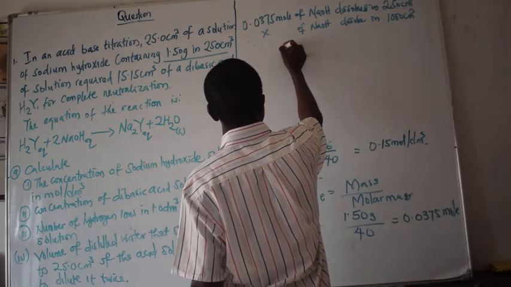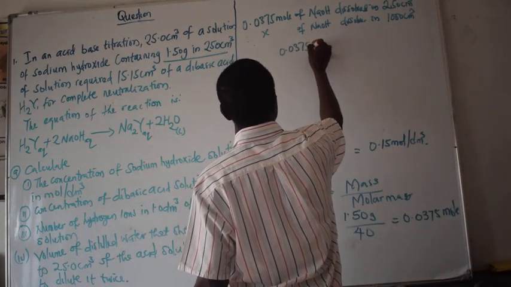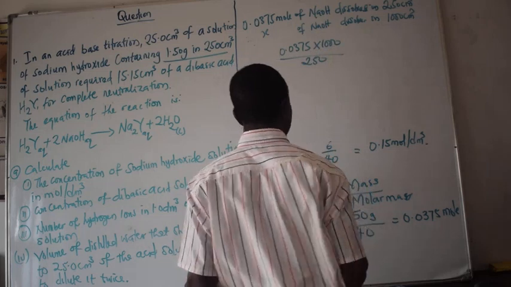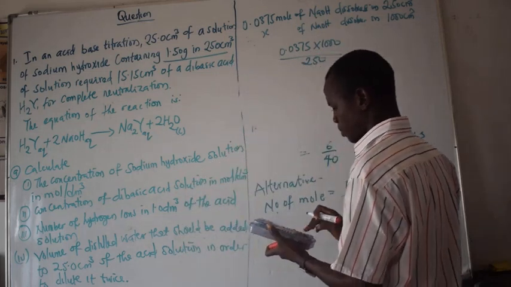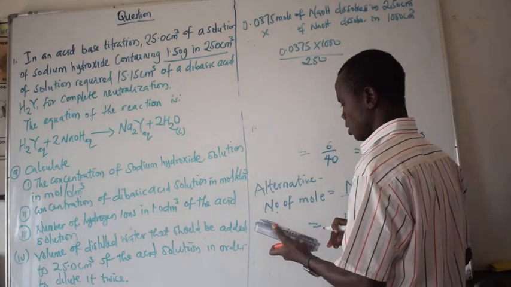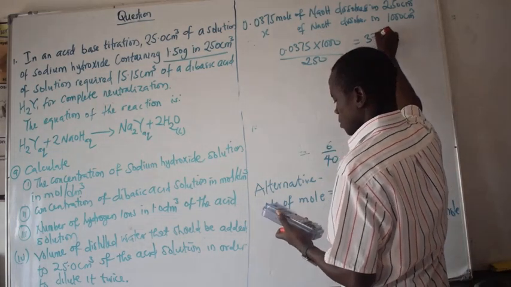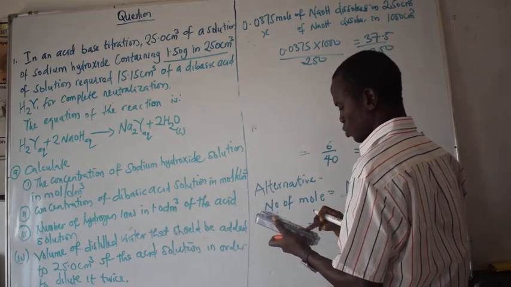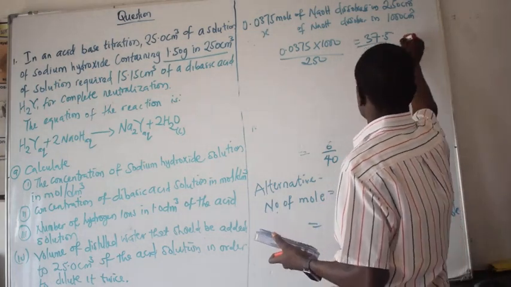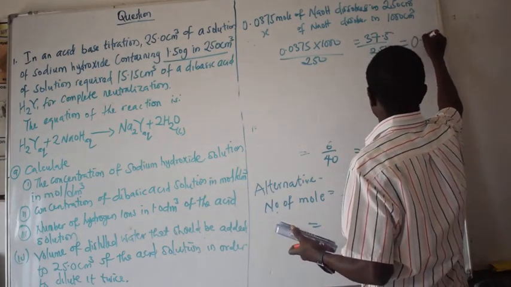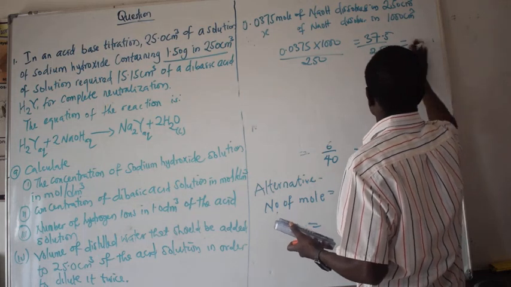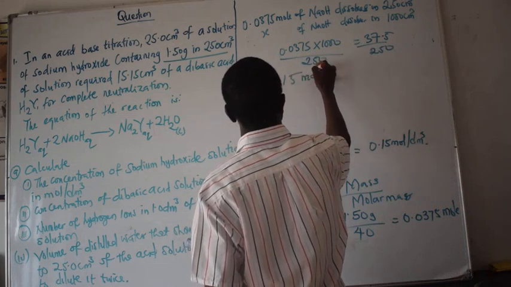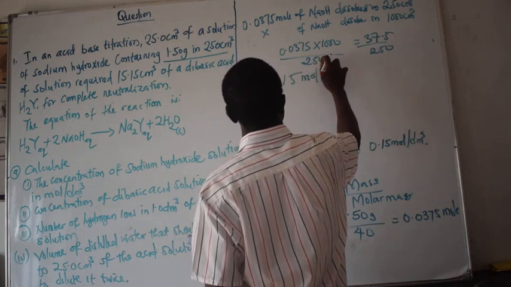So cross multiply: 0.0375 times 1000 all over 250. 0.0375 times 1000 is 37.5, divided by 250, which is equal to 0.15 mole per dm³.